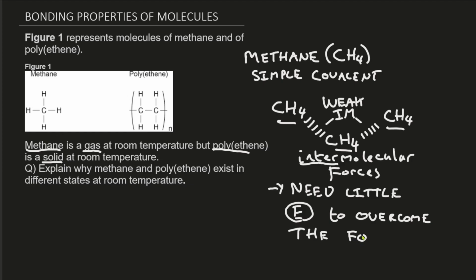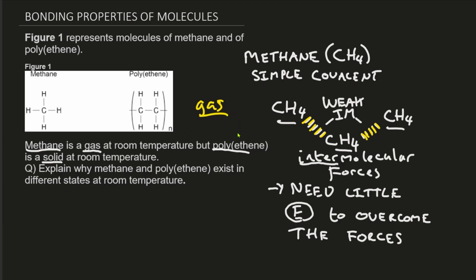Now, it's really important that you understand three important things about simple covalent structures. They have weak intermolecular forces, which are represented by these dashed lines. And that means that they can be pulled apart very easily. They need very little energy to overcome the forces. So that's why they are a gas at room temperature.